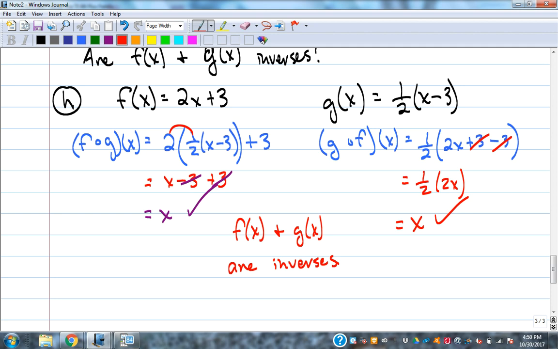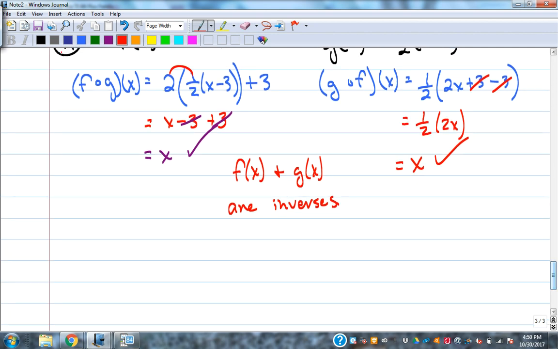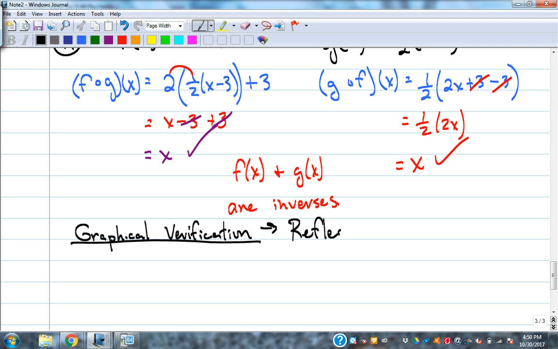All right, let's look at verification with graphing using the same two. Graphical verification is a little bit tougher to do sometimes, but sometimes can work out for you. With graphical verification, you're looking for a reflection across y equals x.